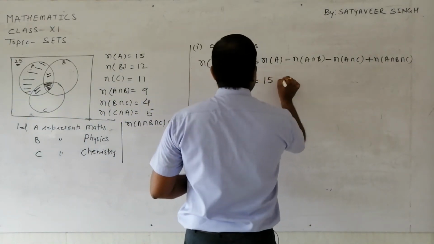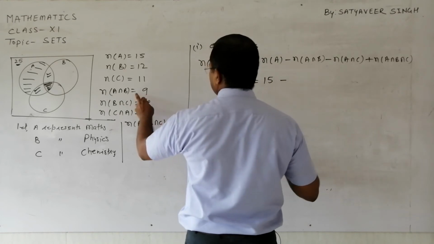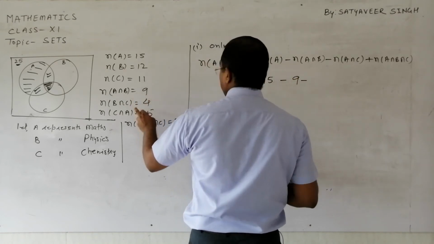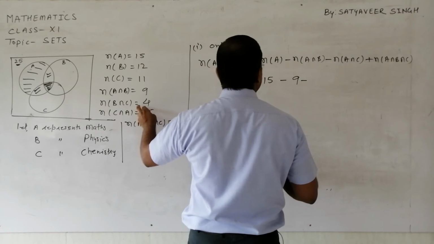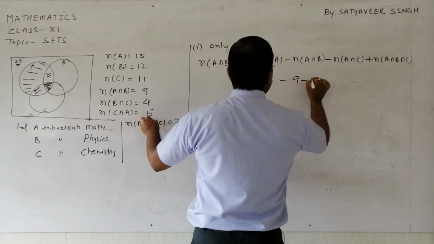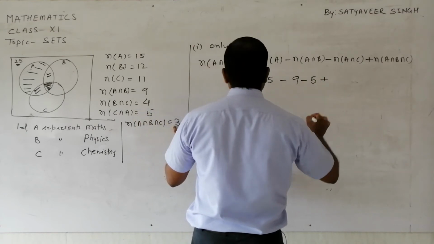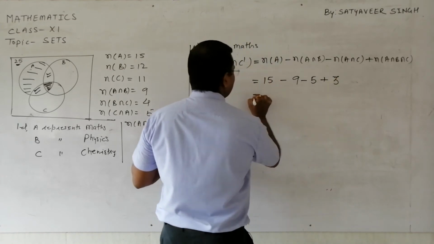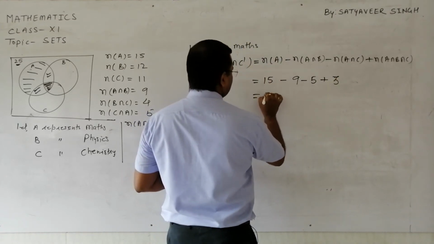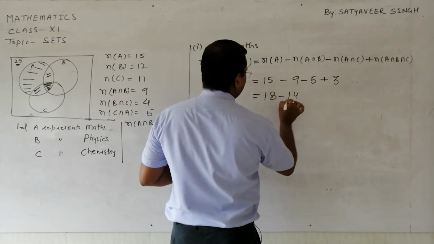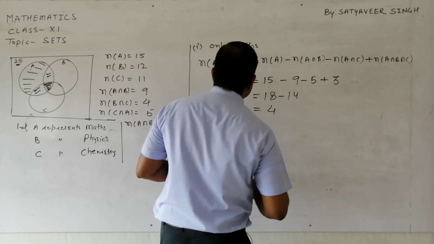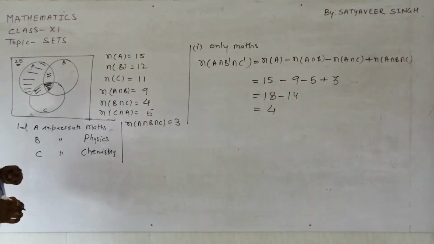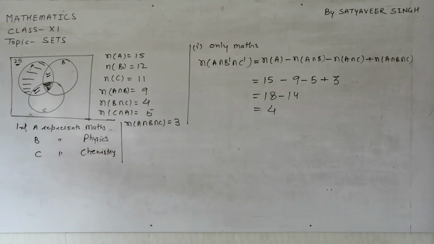It is 15 minus A intersection B, 9, B intersection C, A intersection C, it is 5, and the common part is 3. So we can say it is 18 minus 14, which means there are 4 students who like only mathematics.